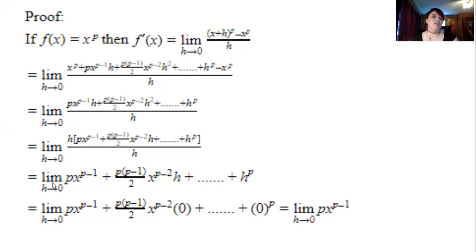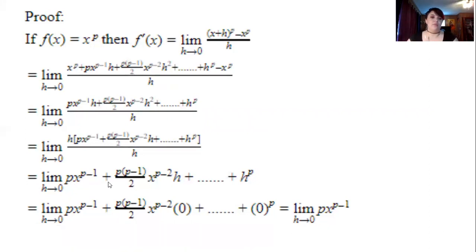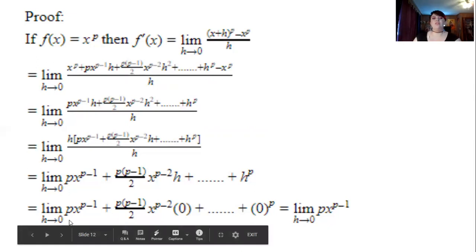So we have the limit as h approaches 0 of p x to the power of p minus 1 plus p times p minus 1 over 2 times x to the p minus 2 times h plus a whole bunch of other terms with h in it plus h to the power of p. And when we substitute in that 0 for h, all of these terms, this big nasty one, becomes 0.